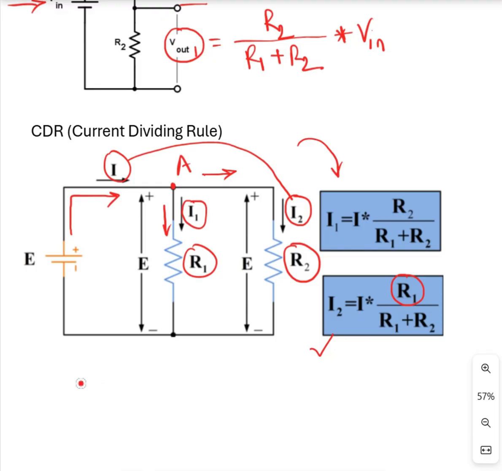Let's try the value of R1 as 50, and here let's say 100 ohms, right? And here the total current, let's say 10 amps.